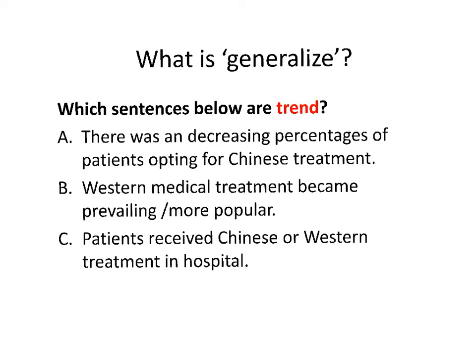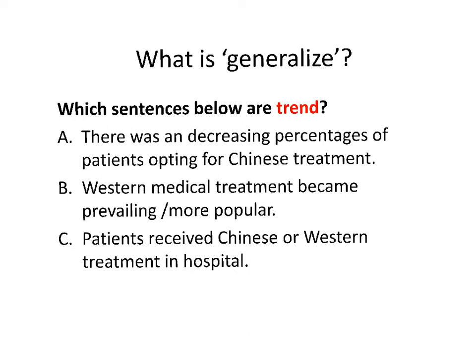Okay, see? A, there was a decreasing percentage of the patients opting for Chinese treatment. And for B, Western medical treatment became prevailing or became more popular.